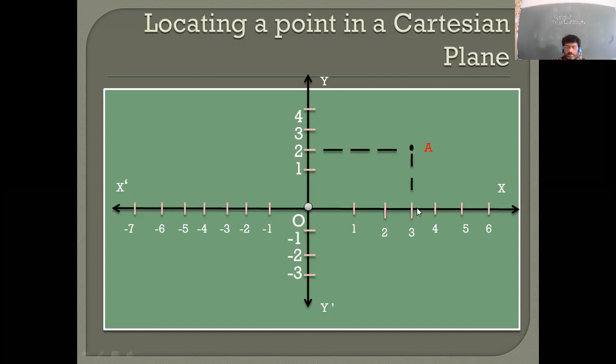Where the perpendicular lines meet the x-axis and the y-axis, according to that we tell the position of the point. So the position of the point A is 3 on the x-axis and 2 on the y-axis. So we will say the coordinates of A are (3, 2).